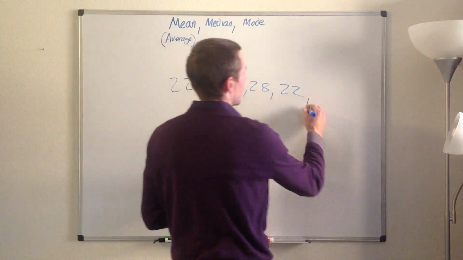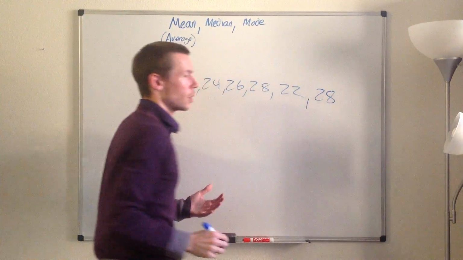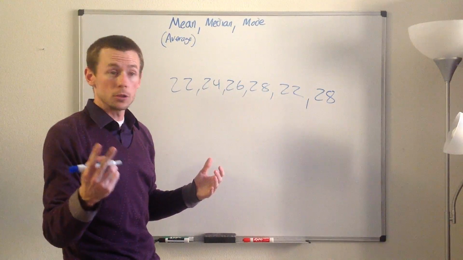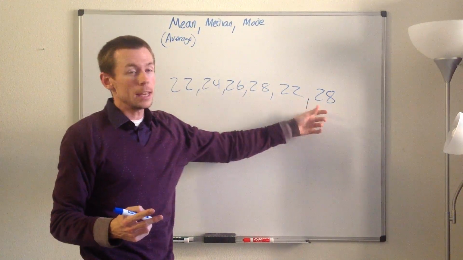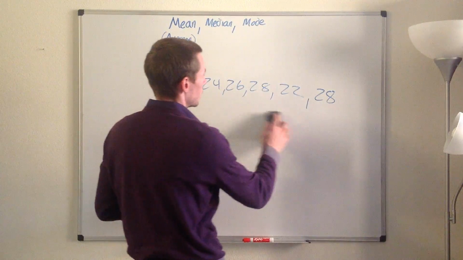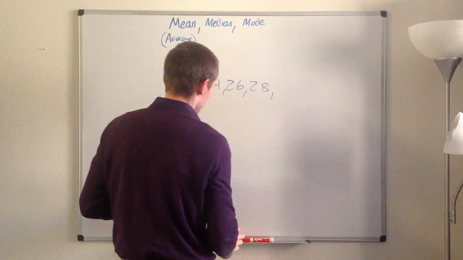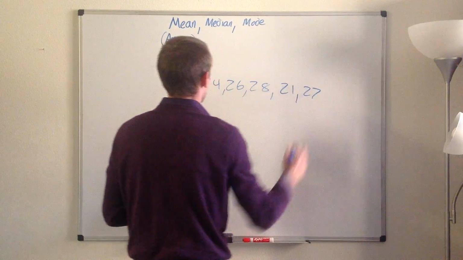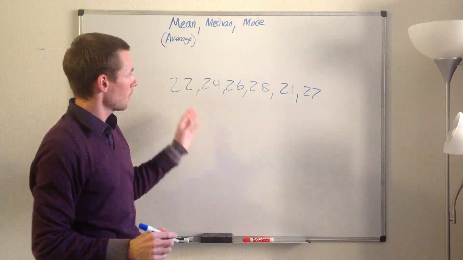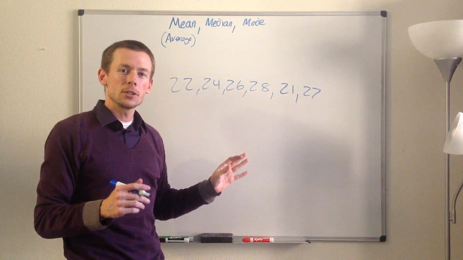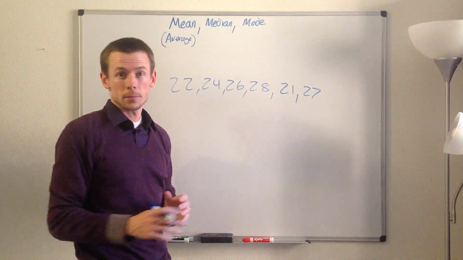Now, if there was also a 28-year-old, this would have two modes, and the modes would be 28 and 22. But let's say we had 21 and 27, and therefore all the numbers are different. In that case, there is no mode.